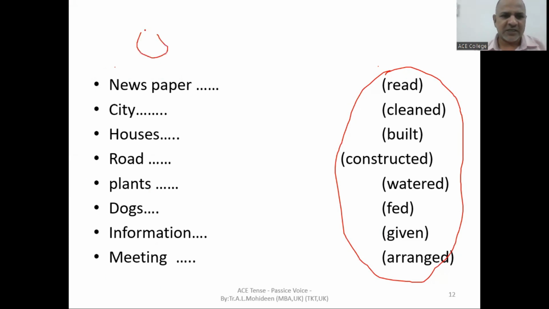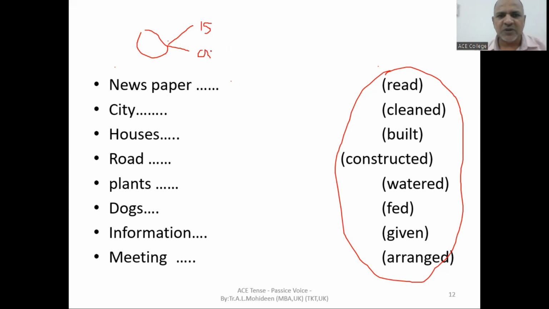All are objects. So what are you going to do now? You are going to see whether the object is singular or plural. If it is singular, you have to add is. If it is plural, you have to add are.